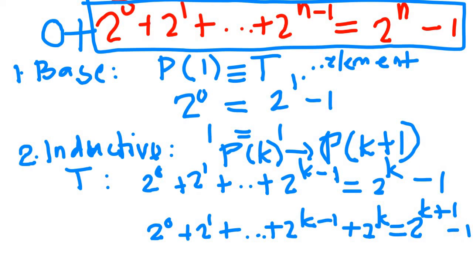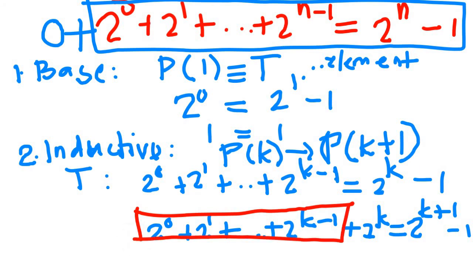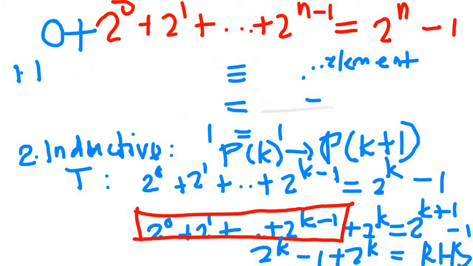So with this we could substitute 2 to the k minus 1 plus 2 to the k, which is equal to the right hand side. So we could continue it at the top.